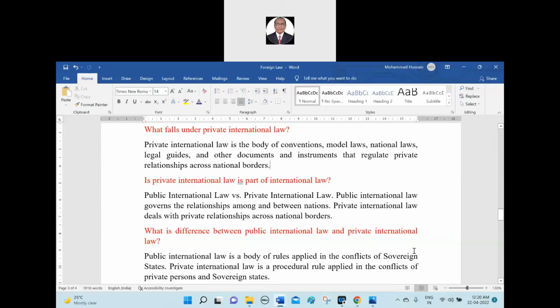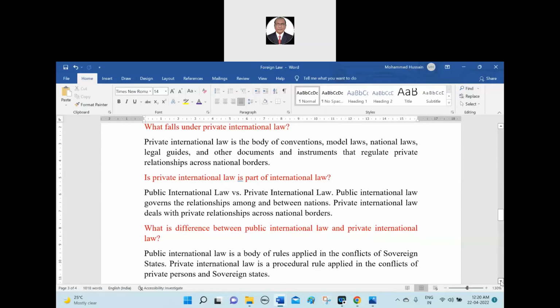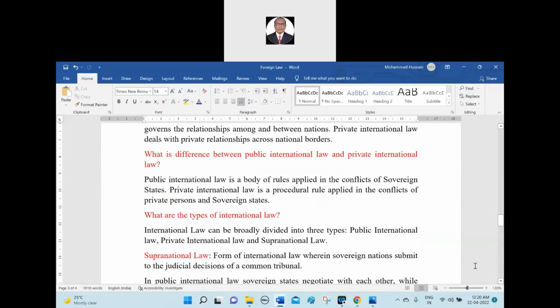So what is the difference? As I told you already, public international law is a body of rules applied in the conflict of sovereign states, and private international law is a procedural rule or domestic law between one country and another, where a dispute arises when the two countries are sovereign states with their own legal systems. Is it clear?